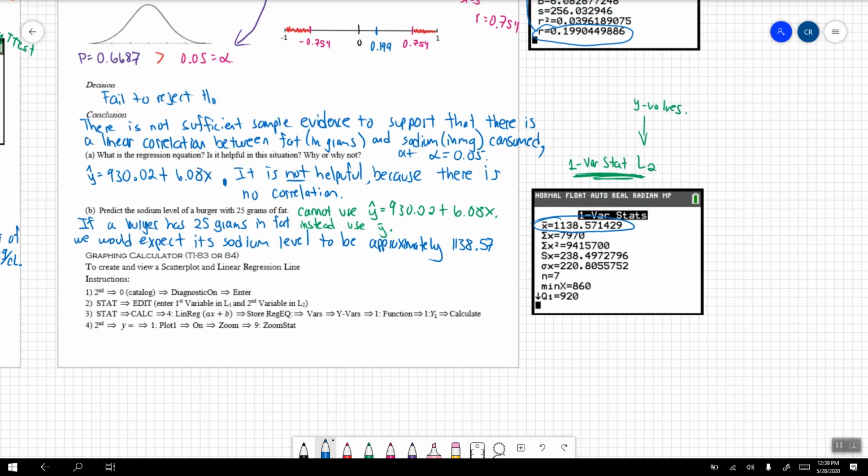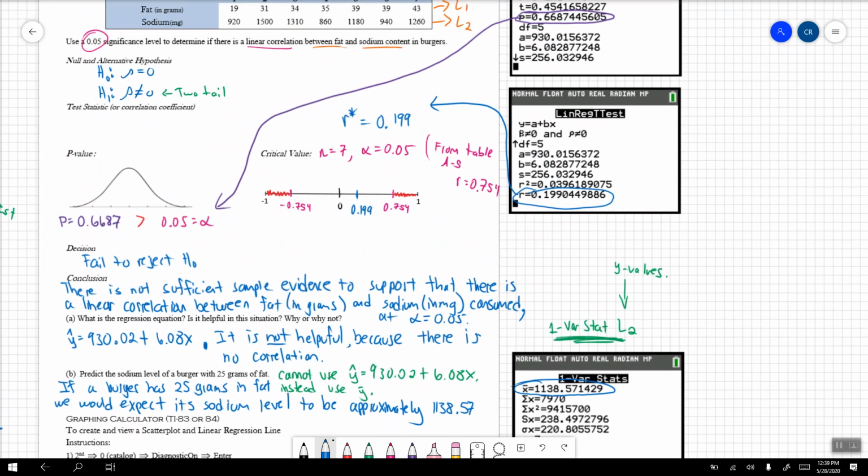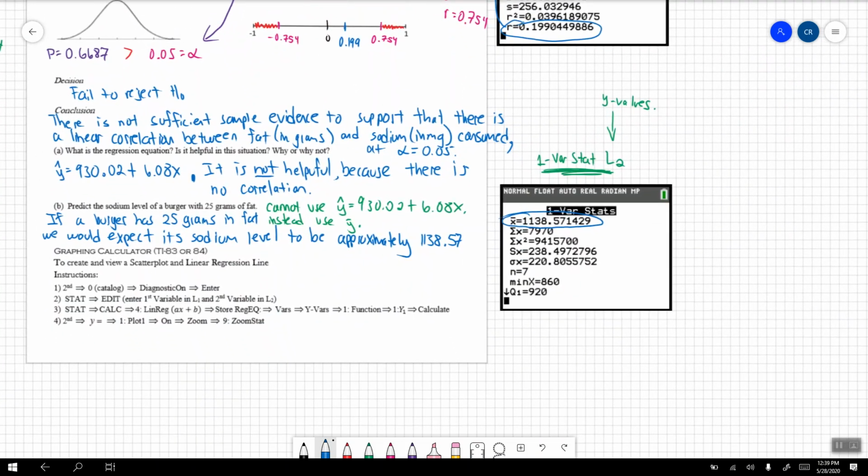I believe it was in milligrams, if I'm not mistaken. Yes, sodium was in milligrams. Approximately 1,138.57 milligrams. And that was that value right there. And that's all there is to it.